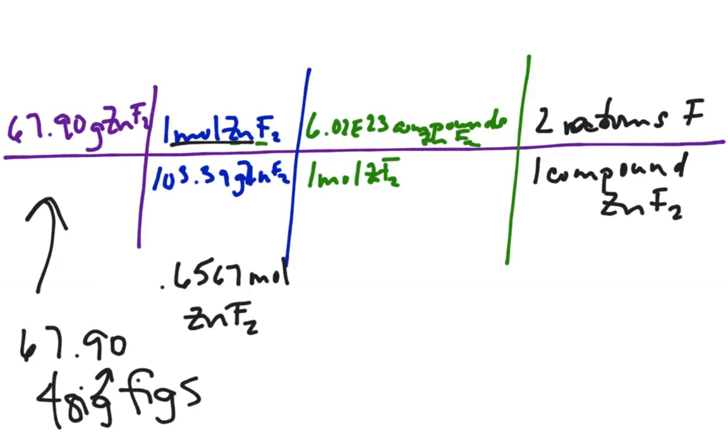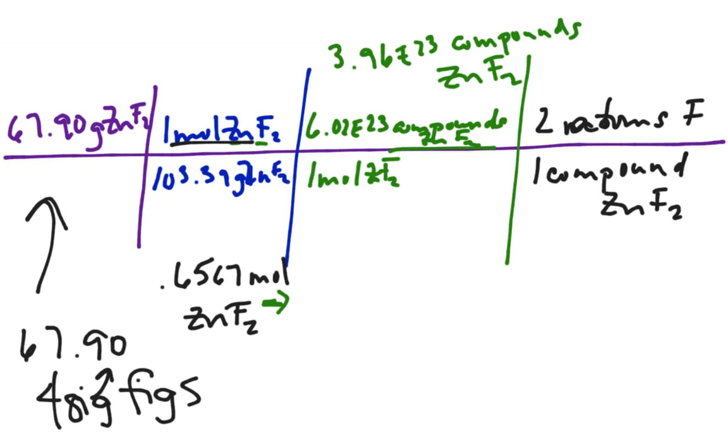So my next one wants to know how many compounds, so I'm going to go to here and stop. So I'm going to times this number by the 6.02 to the 23rd, and I'm going to reduce my sig figs down to 3. So it's going to be 3.96 e to the 23rd compounds of zinc fluoride.